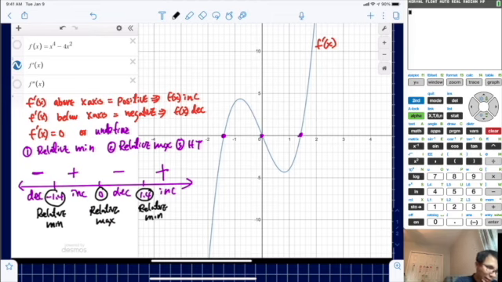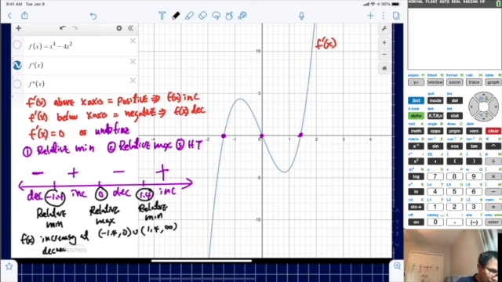Let's give you something first. When the function f of x is increasing, the interval is from negative 1.4 to 0, union from 1.4 to infinity.